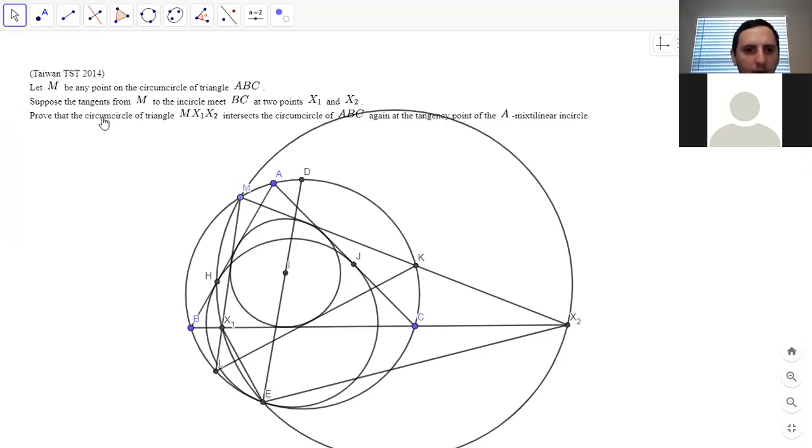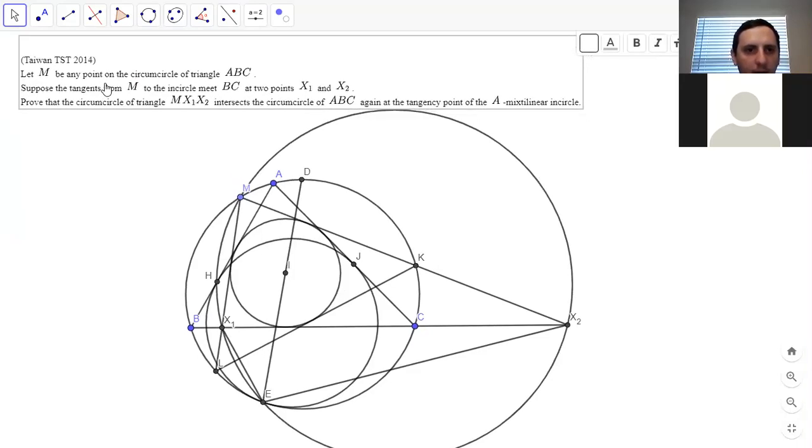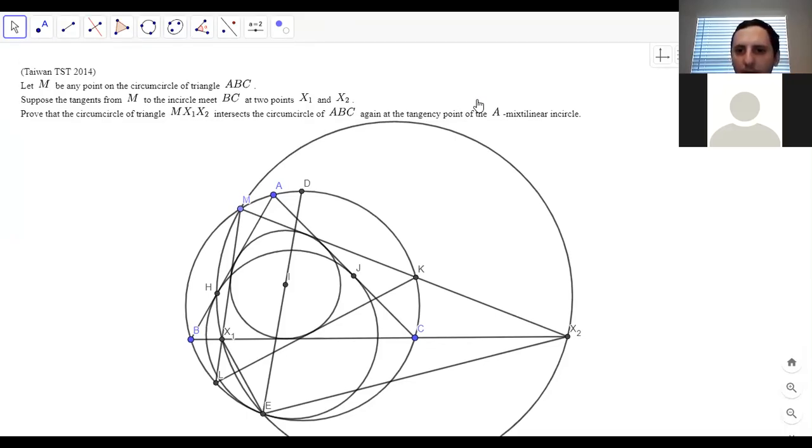Let's see. So Hakan is saying, hold on. By Mikkel's theorem, we have KL intersects BC on the circumcircle of X1 LE.